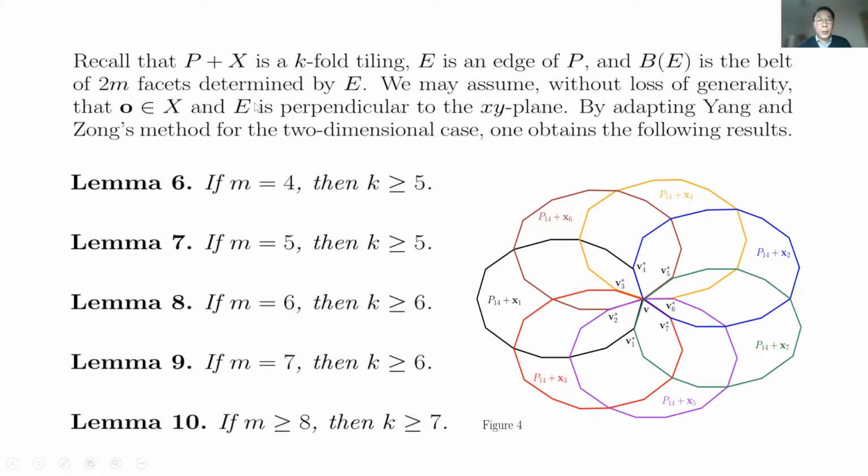Here we of course assume E is perpendicular to the XY plane. Since this is an invariant under linear transformation, of course, we can assume E is perpendicular to the XY plane. When projected, we then produce the adjacent wheel in two dimensions.